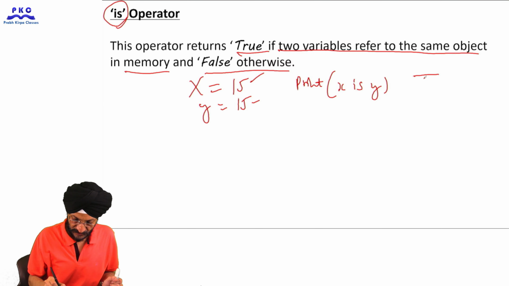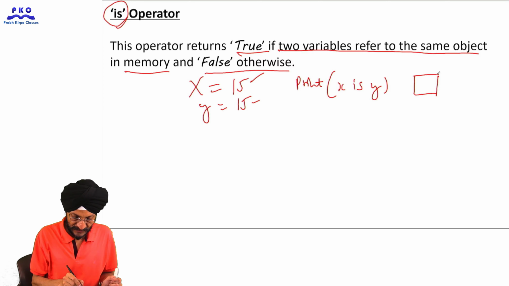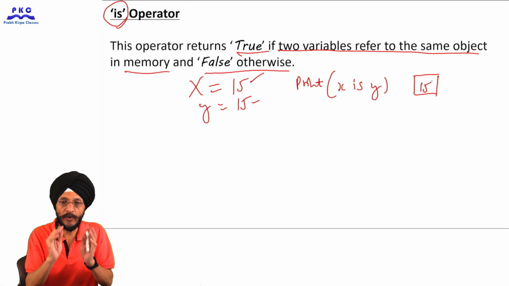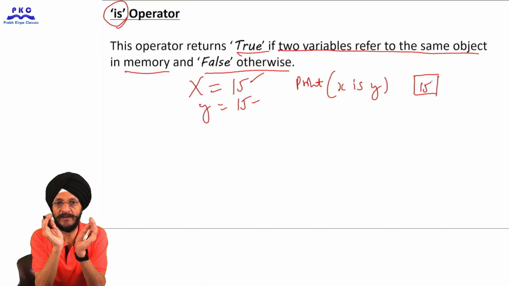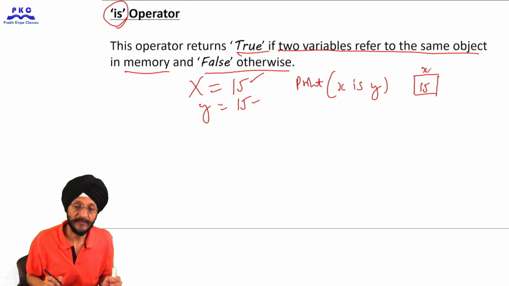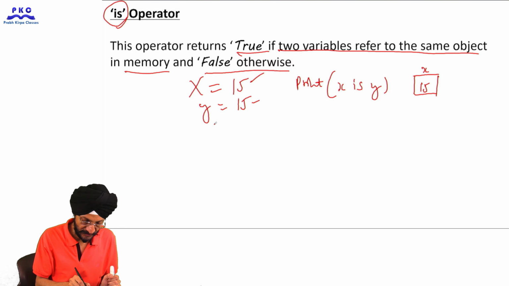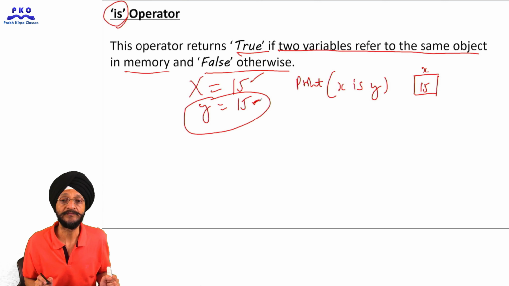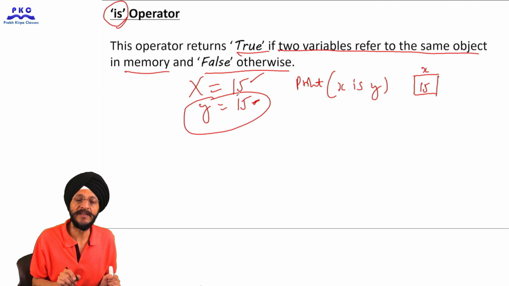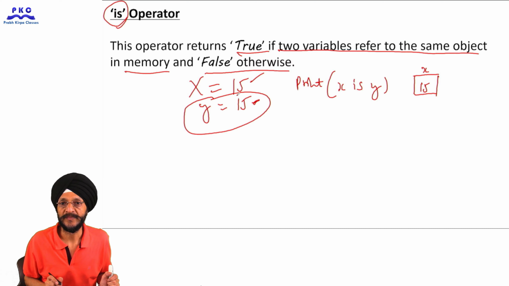Here in memory, when we write x is equal to 15, the 15 information is contained in a container and its tag name is x. And when we create another variable y is equal to 15, now this 15 is also an object.